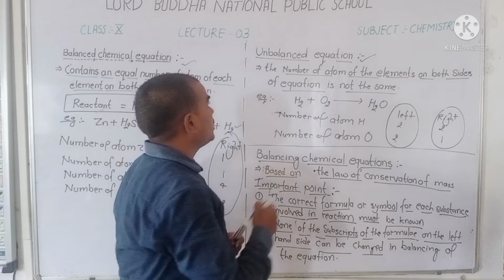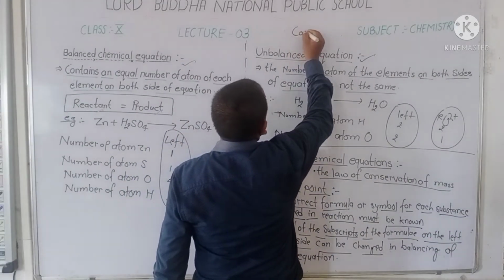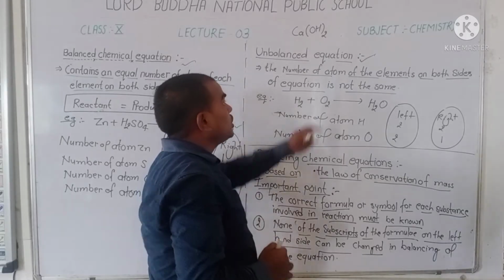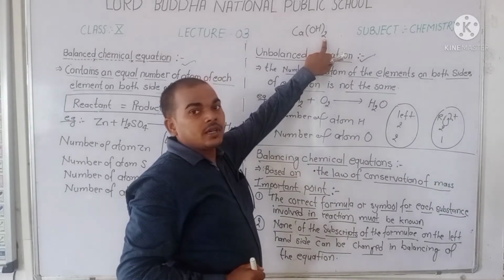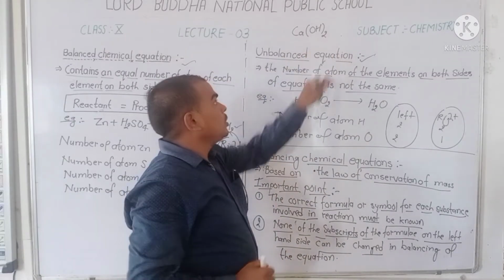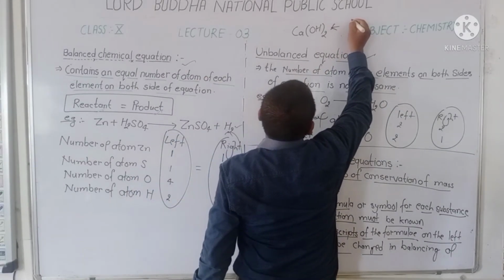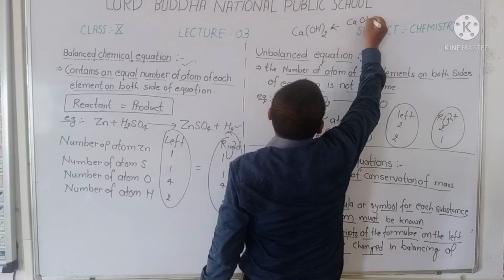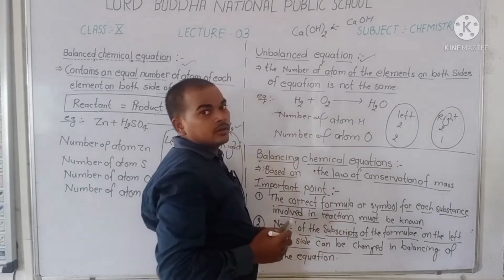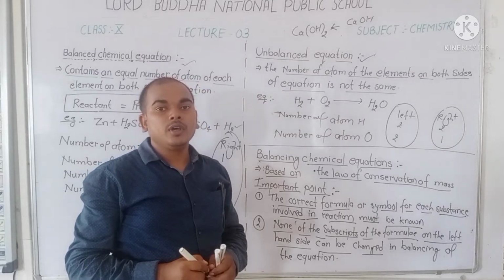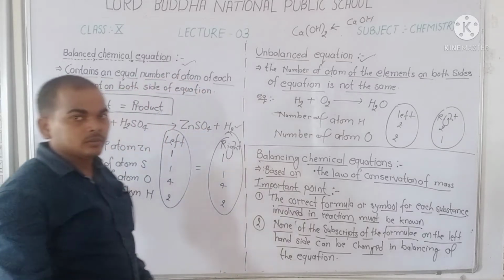For example, Ca(OH)2. Here 2 is the subscript of calcium hydroxide. It is not written as CaOH. Okay? Please take a screenshot and note it in your notebook.